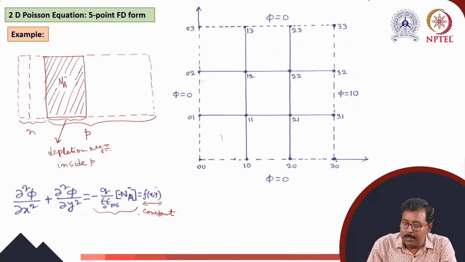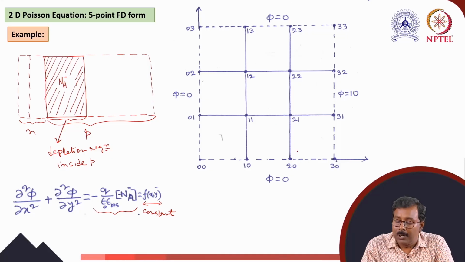This point is 0 0, this is 1 0, 2 0, 3 0, and this is 0 1, 0 2, 0 3. The other points are also marked; boundary points are on the dash line and interior points are on the solid line. So 1 2, 2 2, 1 1, 2 1, these four are interior nodes and the rest are boundary nodes.